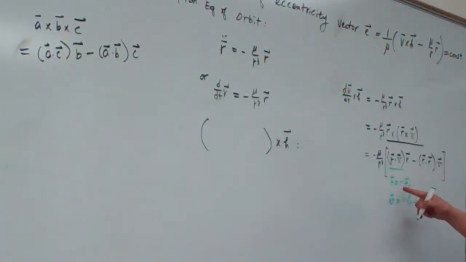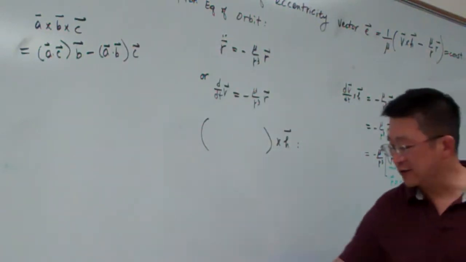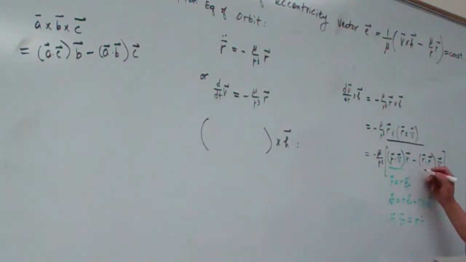With the two terms, we can take the inner product. So R dot V equals this one, and the calculation of this other term is simply R squared.